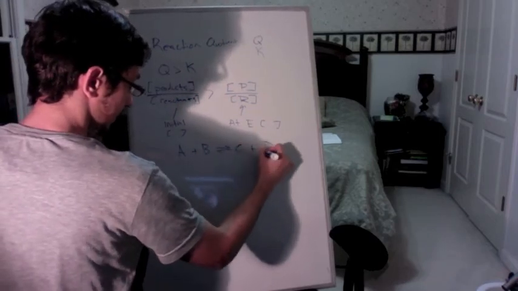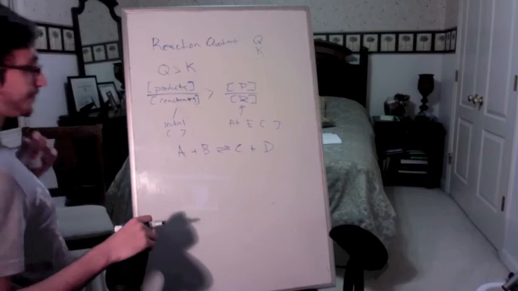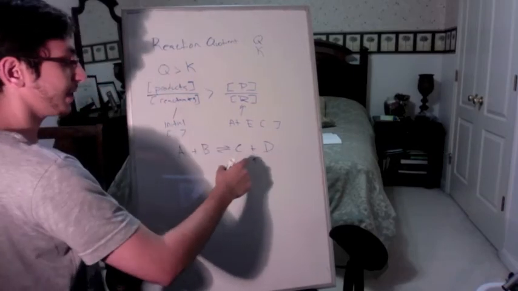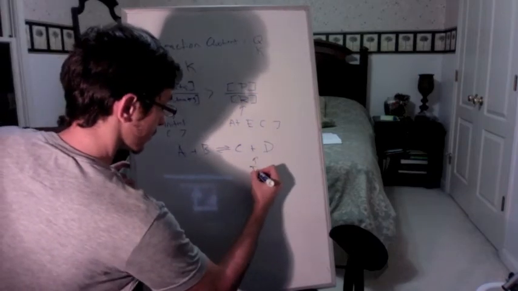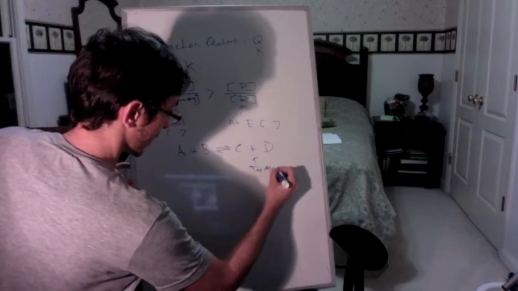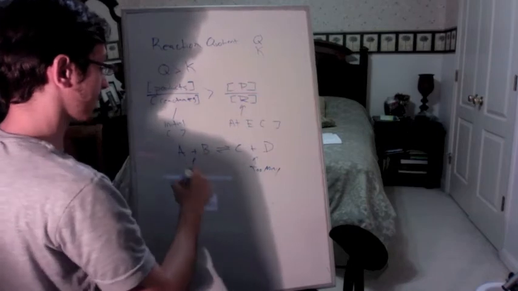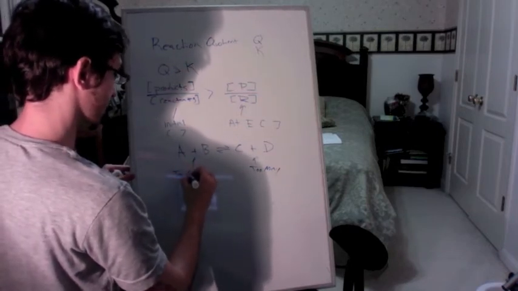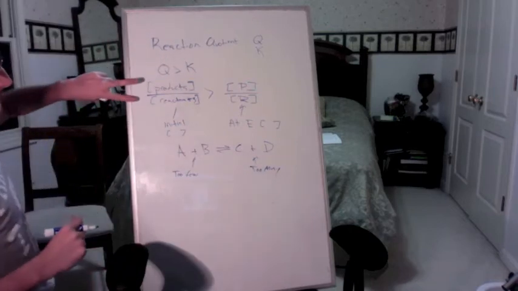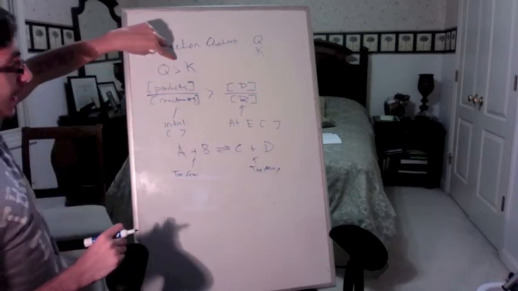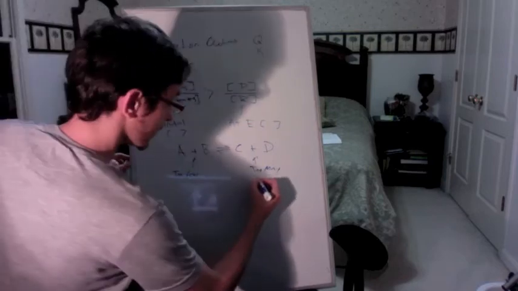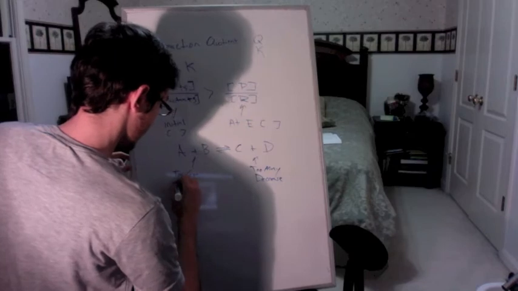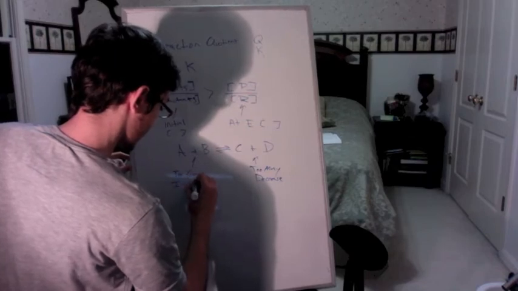goes to C plus D. What this means is that I have too many products. Too many. Okay? Now I have too few reactants in terms of concentration. And so in order to reach K, this must decrease and this must increase.